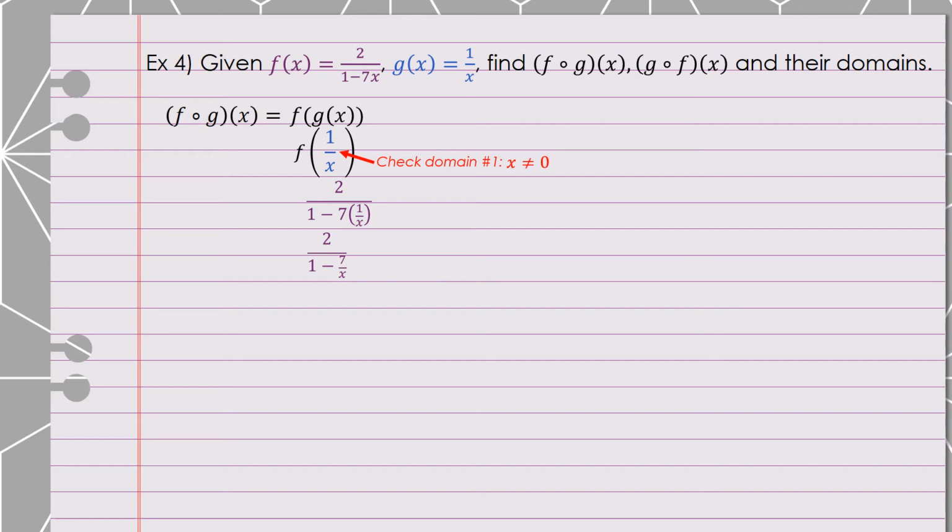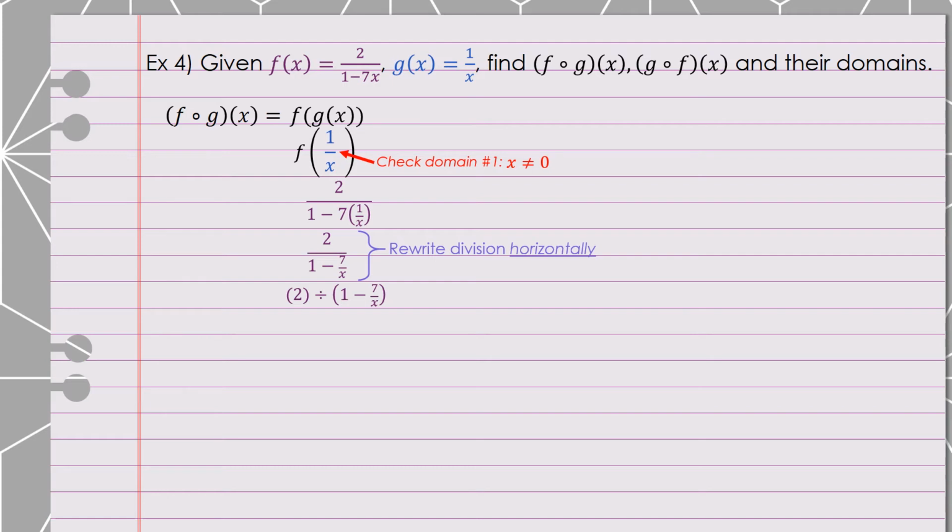Now if you look at that, that looks pretty messy. So what we want to do is, instead of writing this division vertically, we want to write the division horizontally, which means I want to write it as 2, which is my numerator, divided by, instead of that fraction bar, the denominator, which was 1 minus 7 over x.